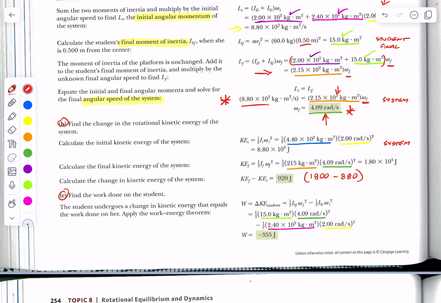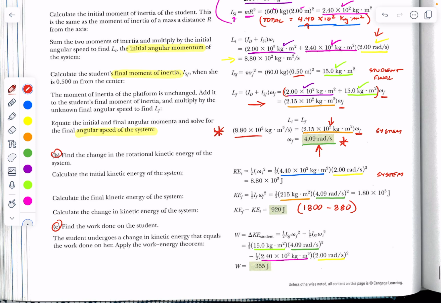We can also look at the kinetic energy in order to find the work that's being done. And the kinetic energy is 1/2 I omega squared. And all of these values that I'm plugging in are earlier in the problem. And now it's just plug and chug time. So we can find our initial kinetic energy and then our final kinetic energy.